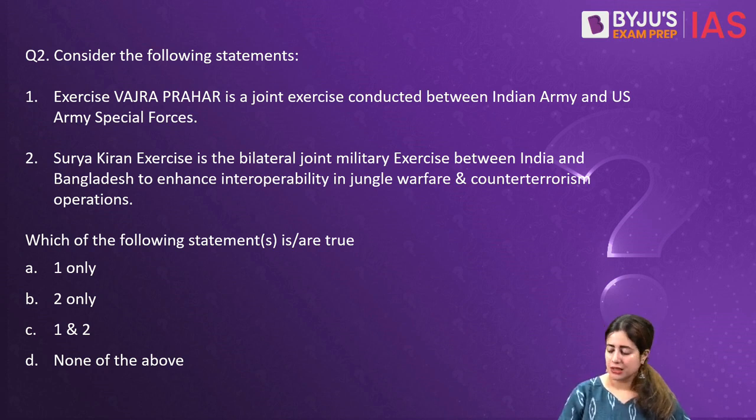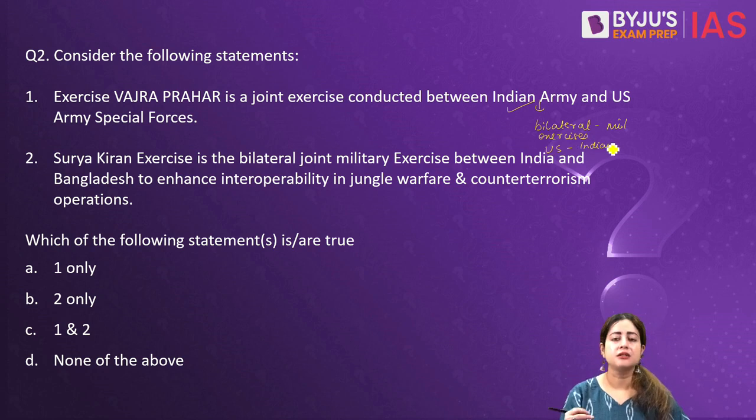Well, this once again is a correct statement because indeed exercise Vajra Prahar is a series of bilateral military exercises between the US and the Indian military, and generally they are conducted in two phases. In the first phase we talk about combat conditioning.